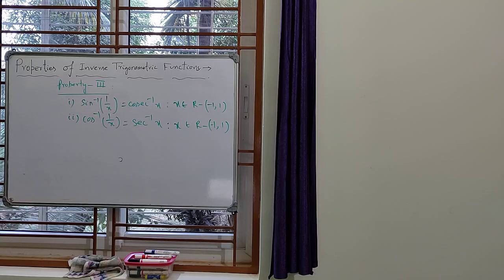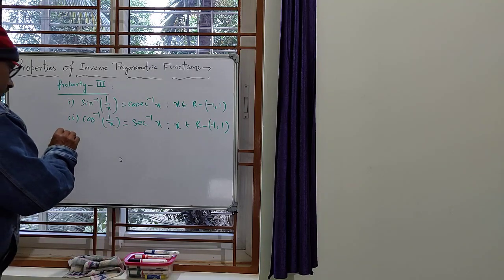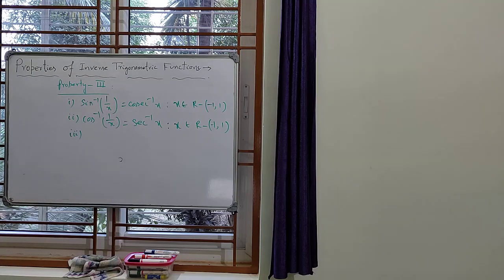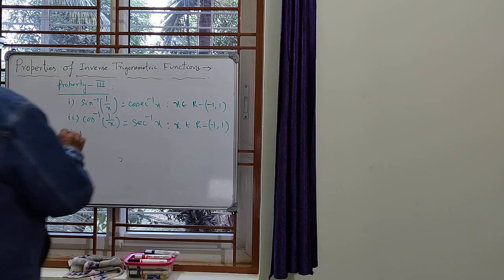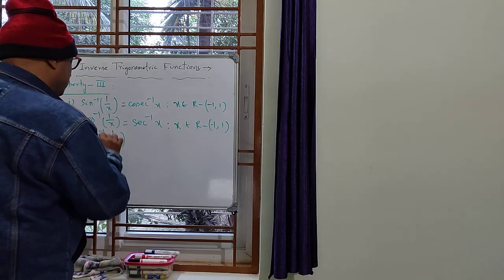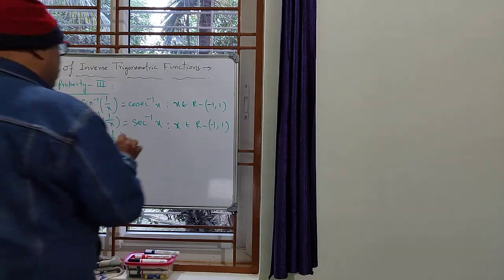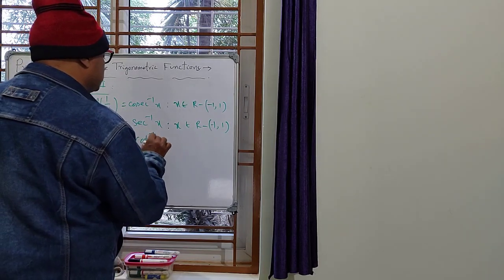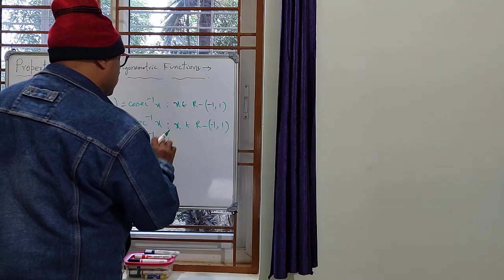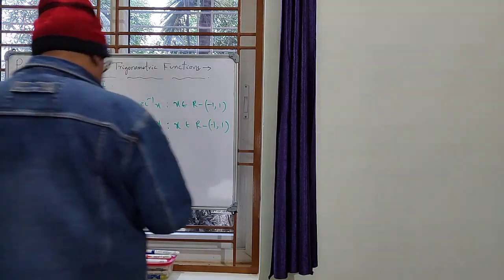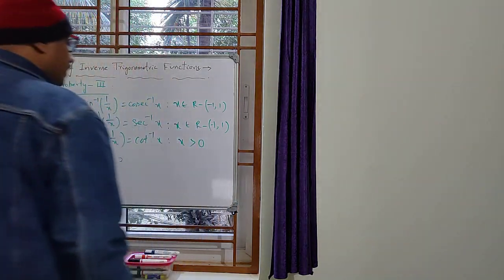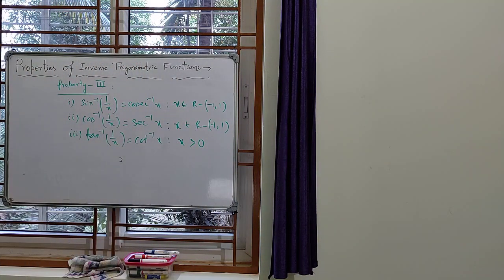Look at this. Third one, tan inverse 1 by x equals cot inverse x, for all x greater than 0.